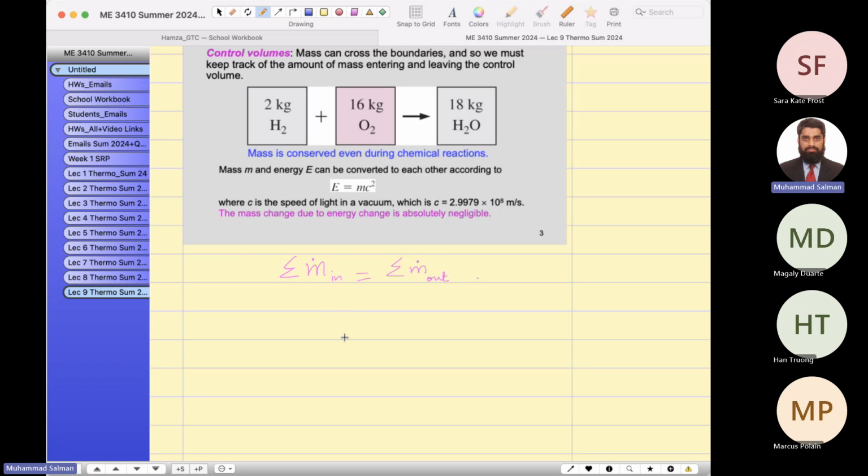For example, if you have a device like this, suppose this is a compressor. The mass is coming here, the mass coming from here, the mass leaving from this side, this side, and this side. So m dot 1, m dot 2, m dot 3, m dot 4, m dot 5.